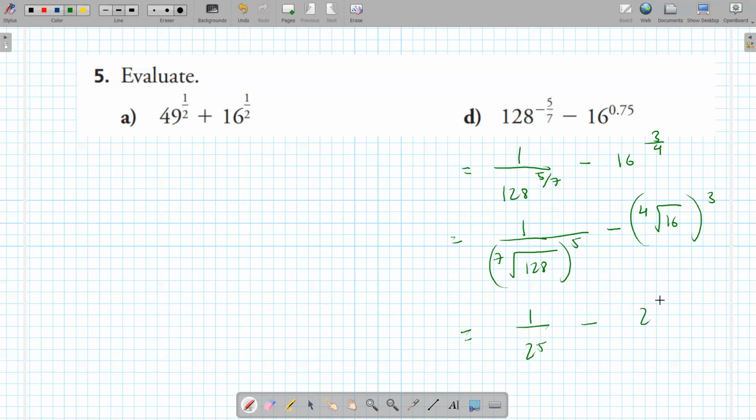What's 2 power 5? 32. Minus, it's 1 over 32 minus 8. You take the LCD, so that means you're going to have to multiply this by 32 on the top and 32 on the bottom. So 1 divided by 32 minus 8, and you'll get that the final answer is negative 255 divided by 32.